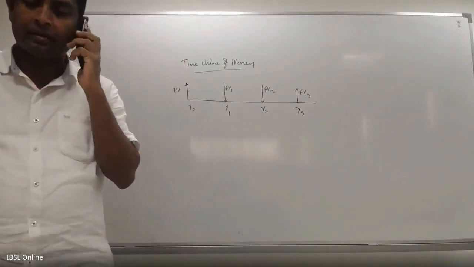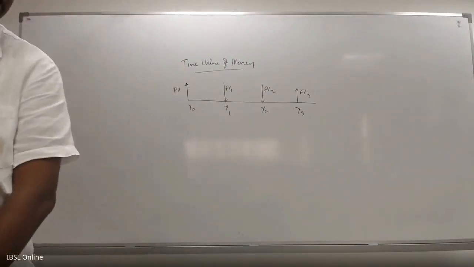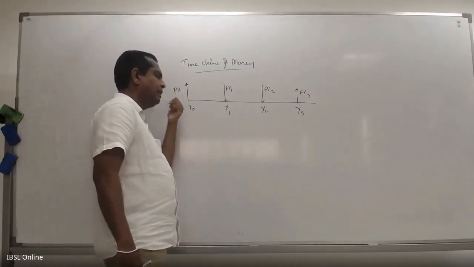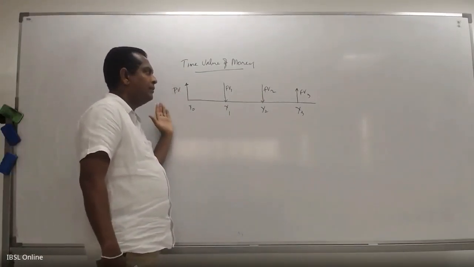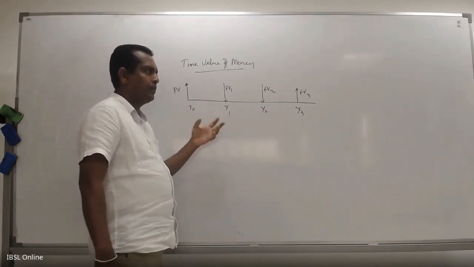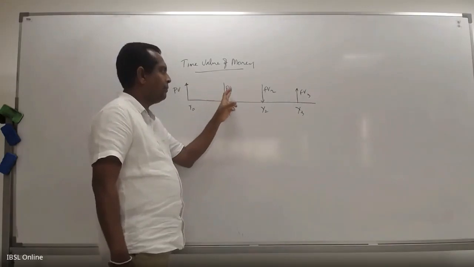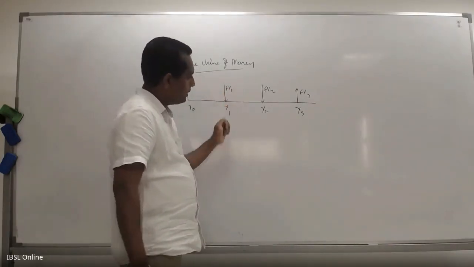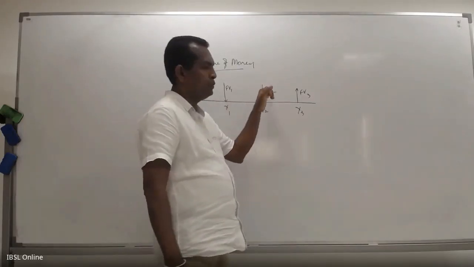Right, okay, thanks. Right, so you have Y0 present value, that is the initial investment. Every year that investment will generate an additional sum and come as future value 1. You reinvest that future value 1, you will get future value 2, like that.